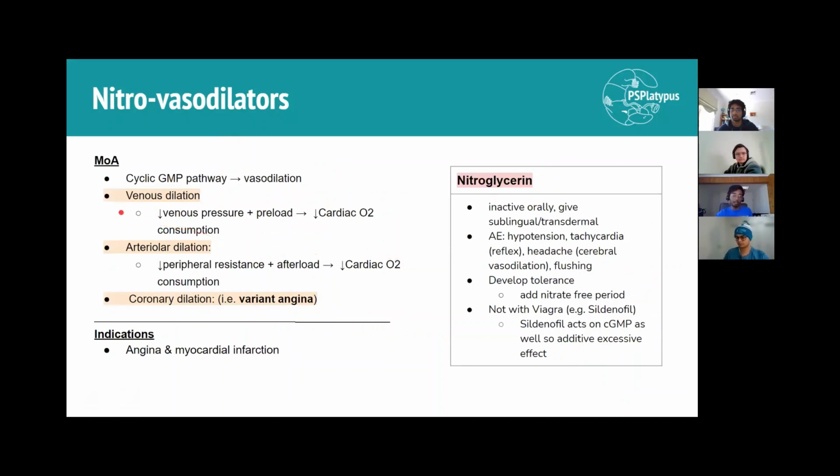So with dilation of vessels being the main pathway, it's useful in a bunch of ways. For example, if we dilate the venous system, we decrease venous pressure, and by decreasing the venous pressure, we allow more blood to stay in the venous system.